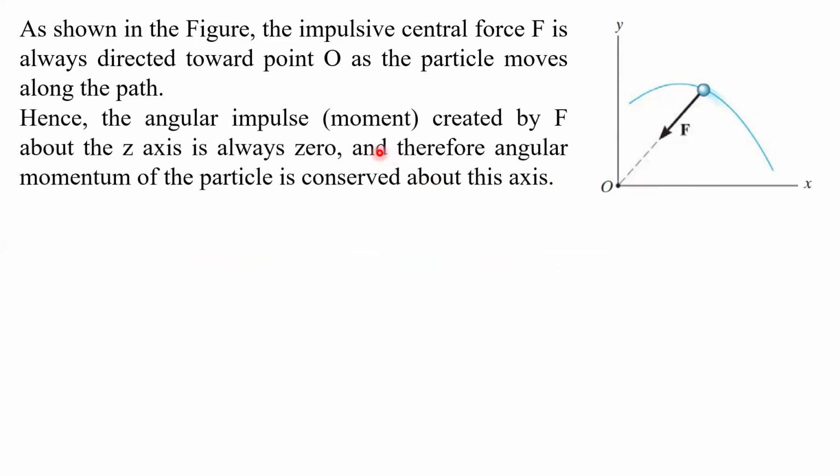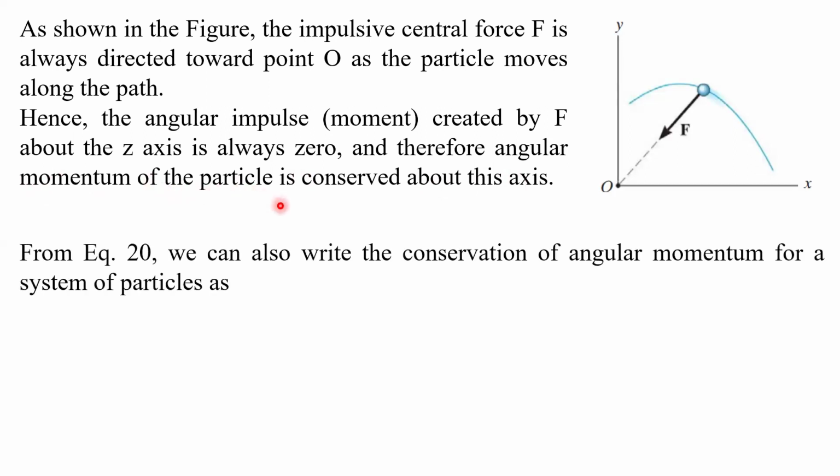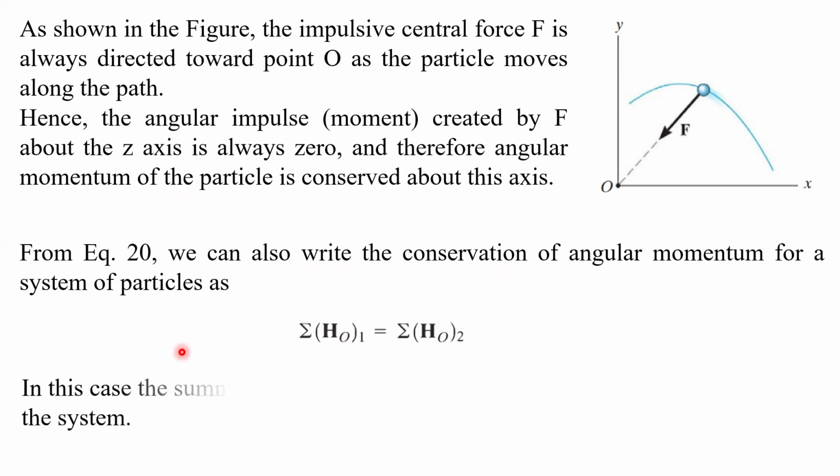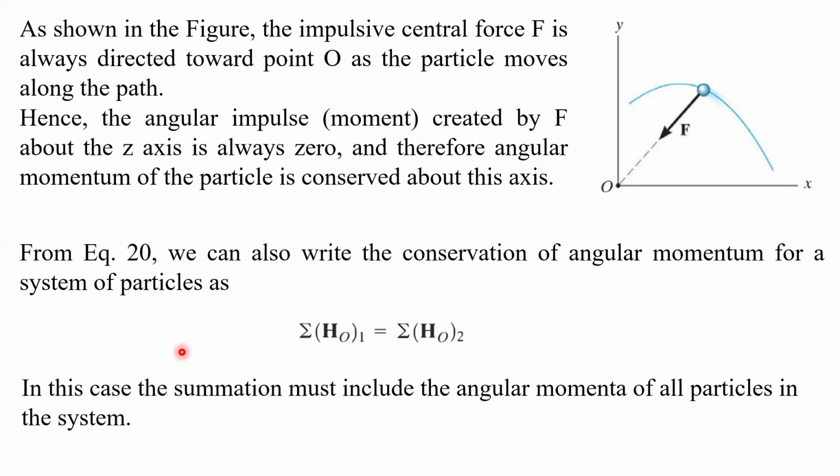Hence, the angular impulse created by force F about the z-axis is always zero, and therefore the angular momentum of the particle is conserved about the axis. From equation 20, we can also write the conservation of angular momentum for a system of particles as this. So it's still the same thing as what we have gotten. In this case, the summation must include the angular momenta of all the particles in the system.